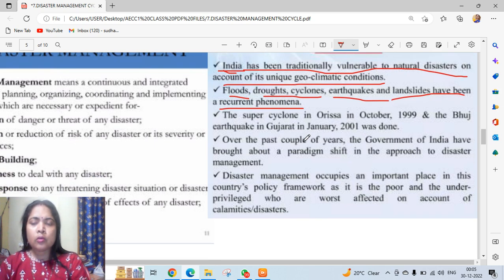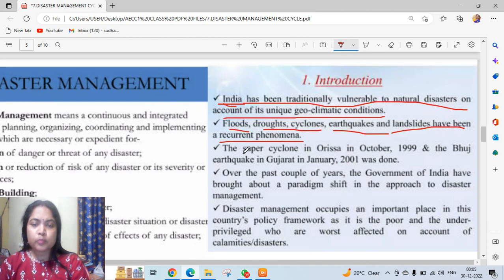So you all must have heard about the super cyclone, isn't it? The super cyclone in Odisha took place in October 1999. And you must have heard also about the Bhuj earthquake. Bhuj is located in Gujarat, in January 2001.